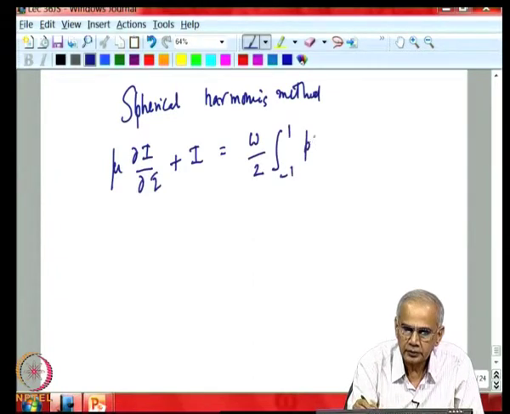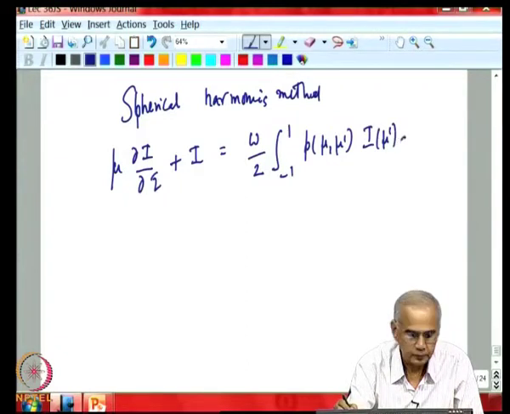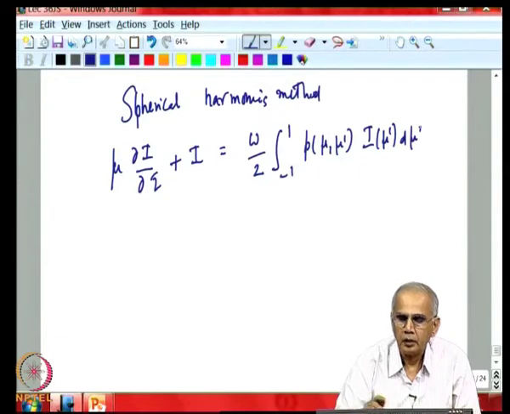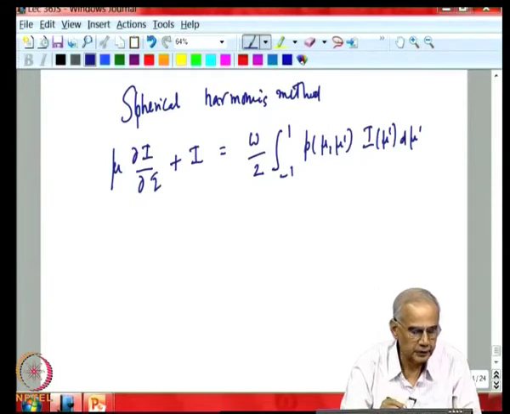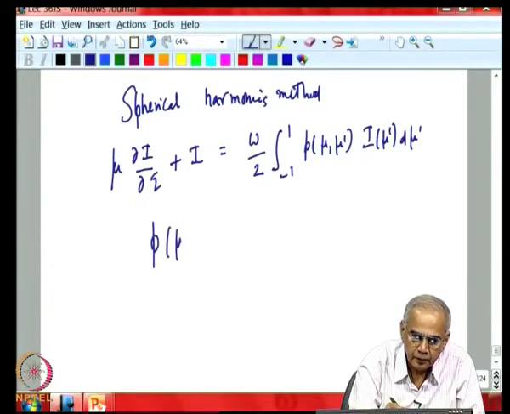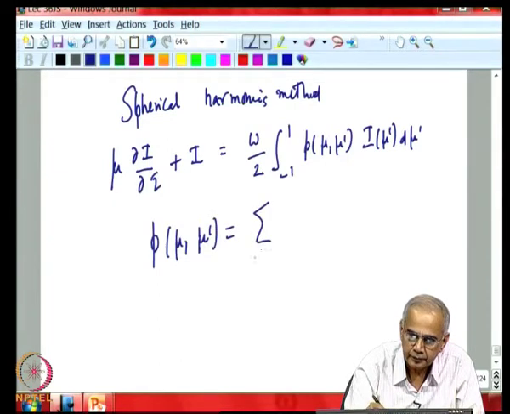Which involves the phase function. Now, we make some assumption about the nature of the phase function. We are going to assume that this phase function, which depends on mu and mu prime, can be expanded in terms of Legendre polynomials.